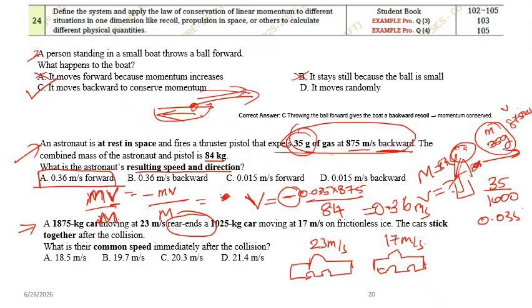Now look at the problem over here. What is the confusing part of this question? If this is at the front and this car must be at the back side, and this is moving at 23 meter per second and this is coming at 17 meter per second, this will never collide with each other. Okay, so that is a problem.